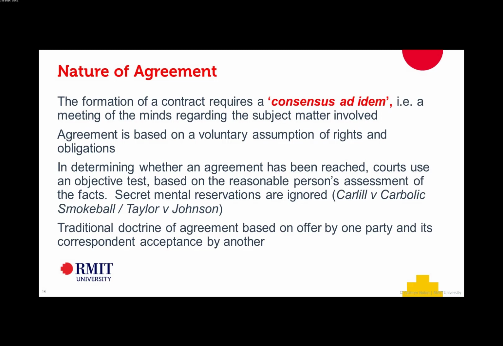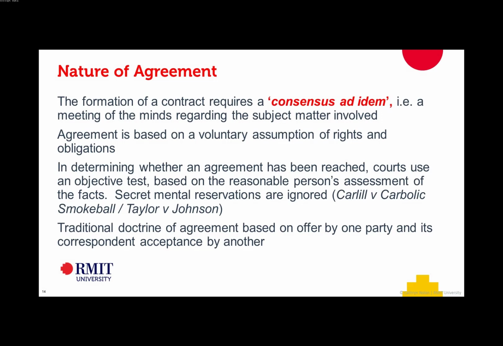The law uses an objective test. So Carhill, which we'll speak about quite a bit today, Taylor and Johnson is another case that we will come back to a number of times over the course of the semester. And Taylor and Johnson is basically the Australian authority for this question of whether we use an objective or a subjective test.